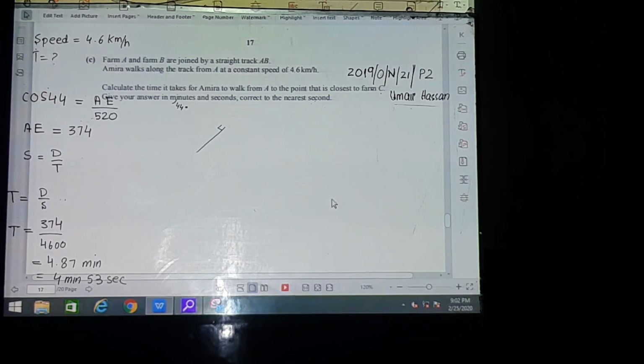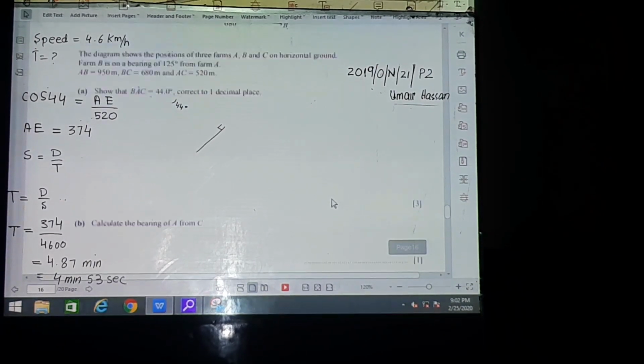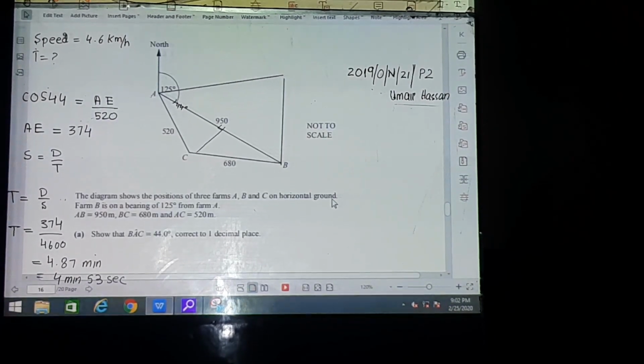Okay, now looking at the diagram, this is the diagram.